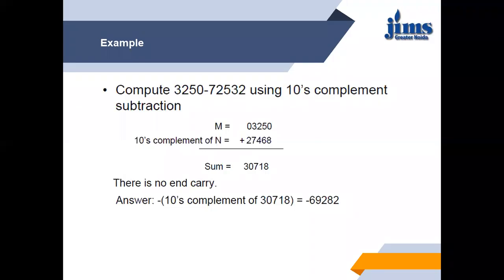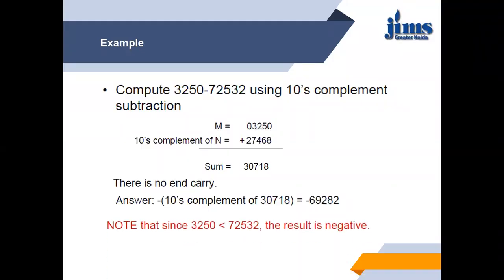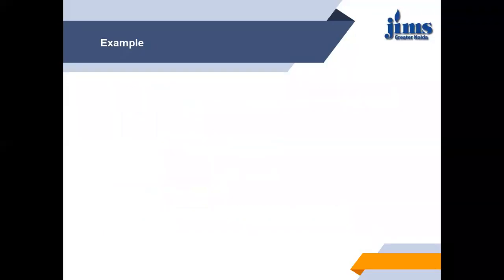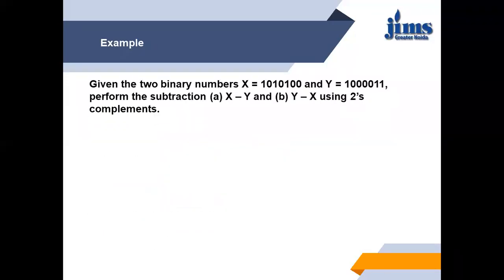With the help of the adder we can perform both subtraction and addition. That is the advantage of computing complements. In this case, note that since 3250 is less than 72532, the result is negative.